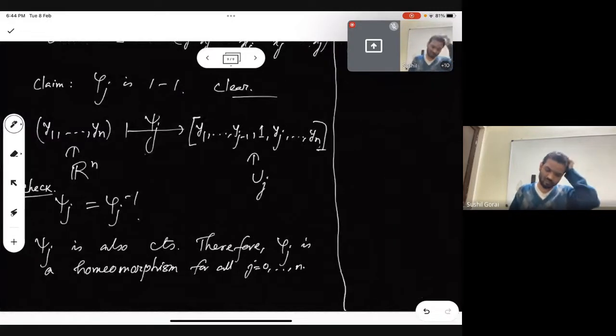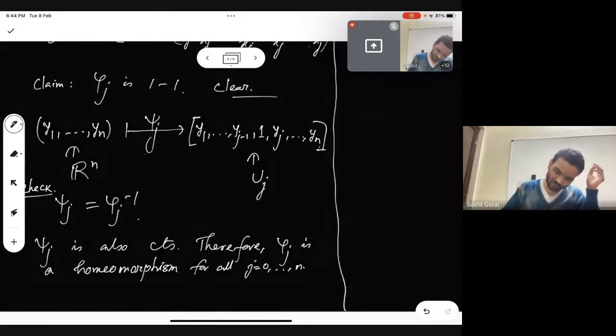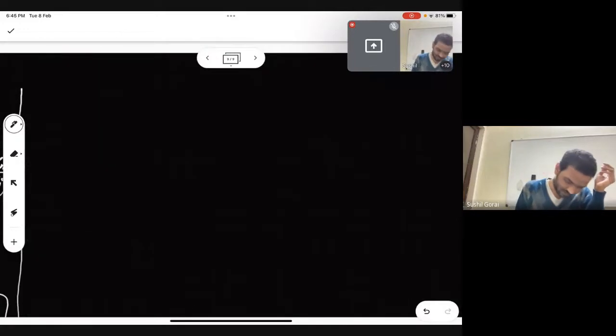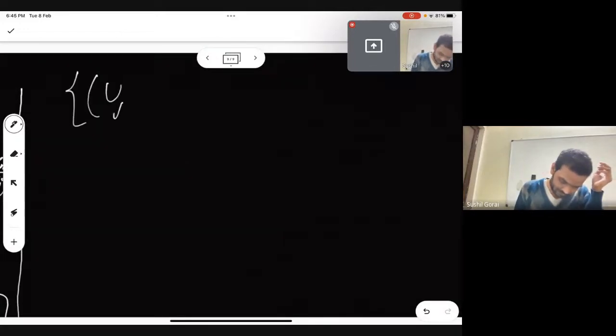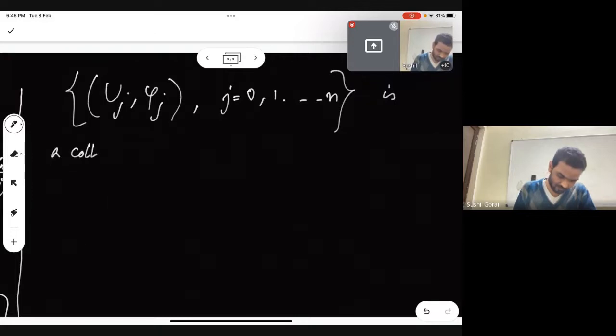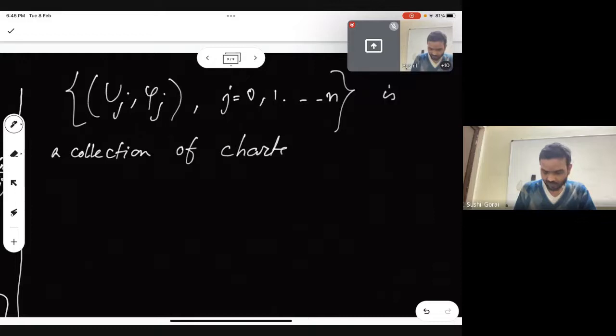Now once you have a homeomorphism, we get a collection, the following: (U_j, phi_j) for j from 0, 1 to n, is a collection of charts in RP^n.